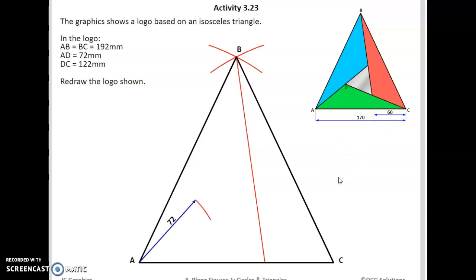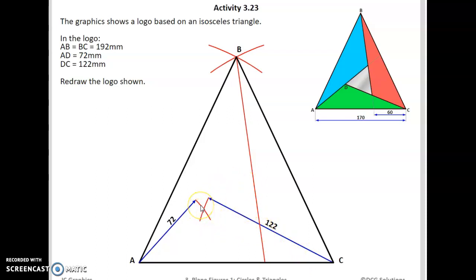So I come up 72 and scribe an arc here. Remember, AD is 72, DC is 122. Here's D, so it's an isosceles triangle in this case. So 72, scribe our arc. 122, scribe our arc from C. That is the apex.